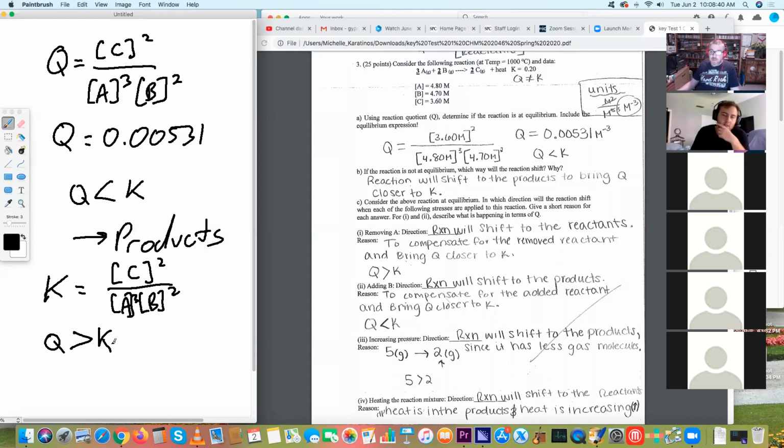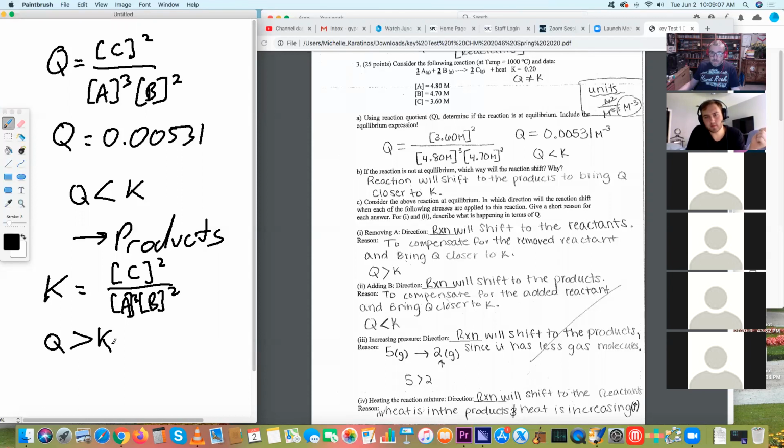So we start at equilibrium, which is K, and then we're removing A. That means the bottom of the equation is going to get smaller, which makes Q larger than what K was. So if it gets larger, then it's going to shift over to the reactant side.